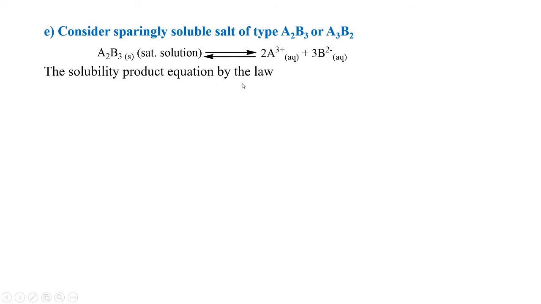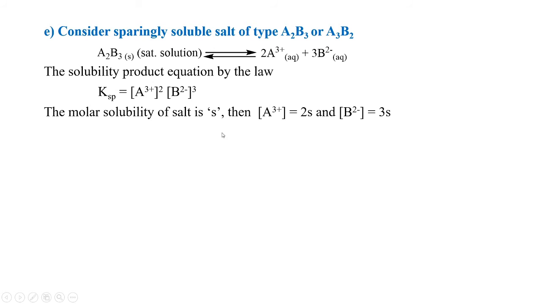The solubility product equation by the law, KSP is equal to (A2+) cube into (B3-) whole square.